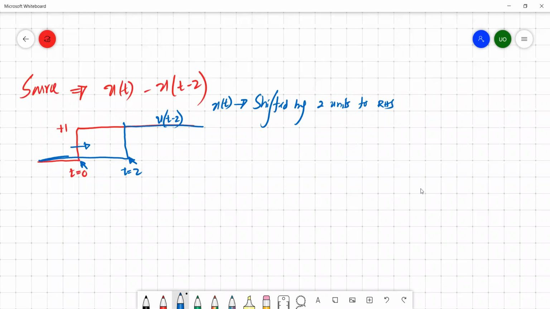If you simply subtract u(t-2) from u(t), you end up with this kind of a pulse. During the 0 to 2 region, 1 minus 0, you have 1 here. From t equals 2 onwards, you have 1 minus 1, which is 0. So ultimately we end up with this kind of a switching operation.